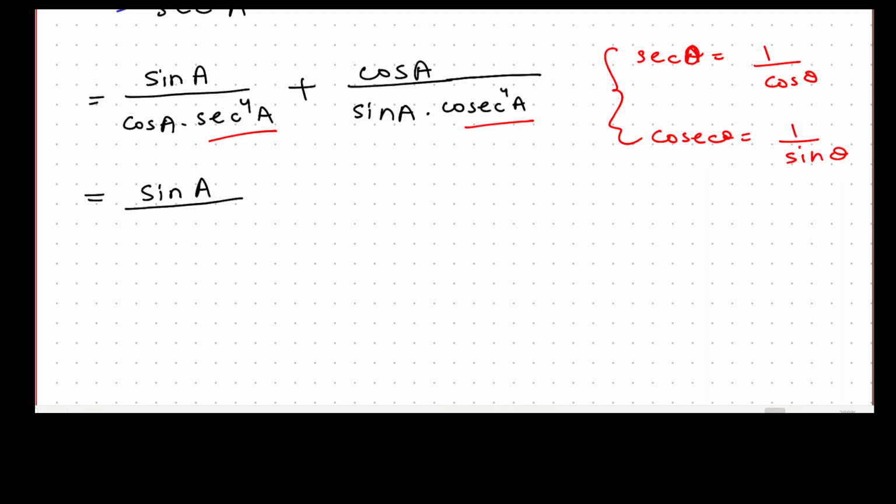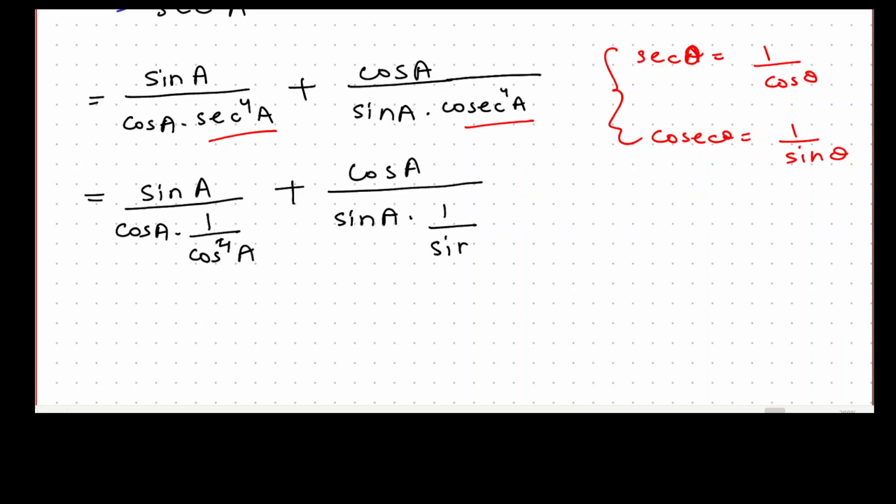So it will be sin a upon cos a, in place of sec raised to 4a we will write 1 by cos raised to 4a, plus cos a upon sin a, in place of cosec raised to 4a we will write 1 upon sin raised to 4a.